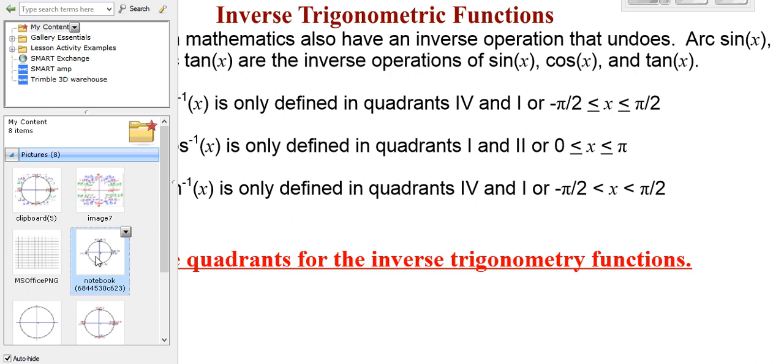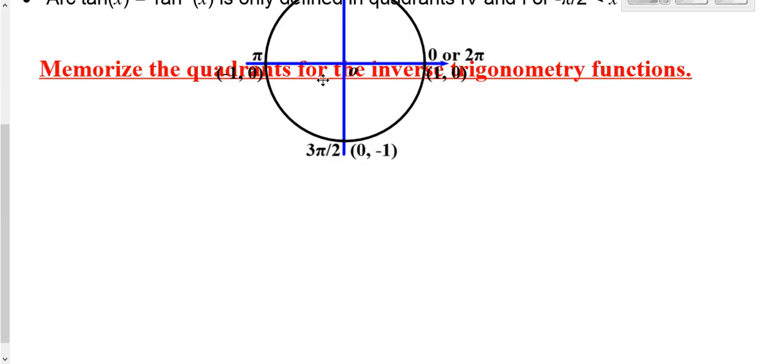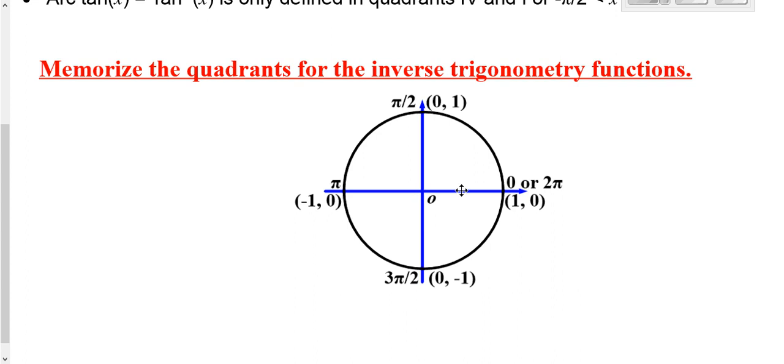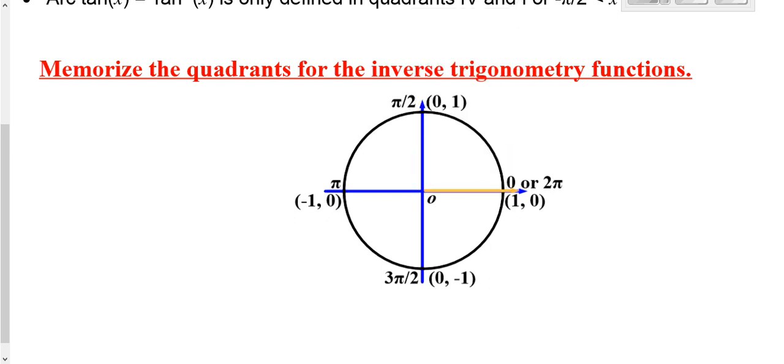So let's go ahead and take a look at that. Because it's saying from pi over 2 to negative pi over 2 is what your angles are for your answers. So we're going to start here. If you have an angle in the first quadrant, you're fine. You just rotate up to it.